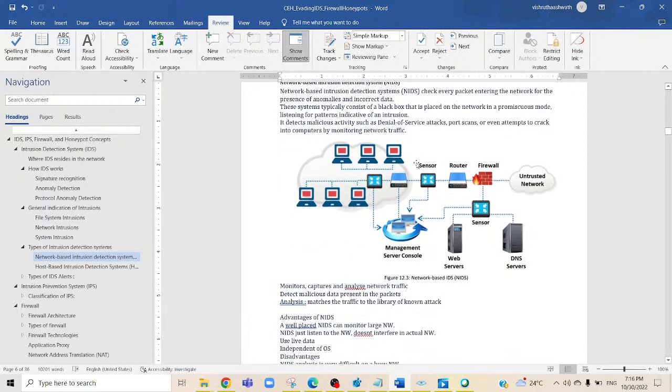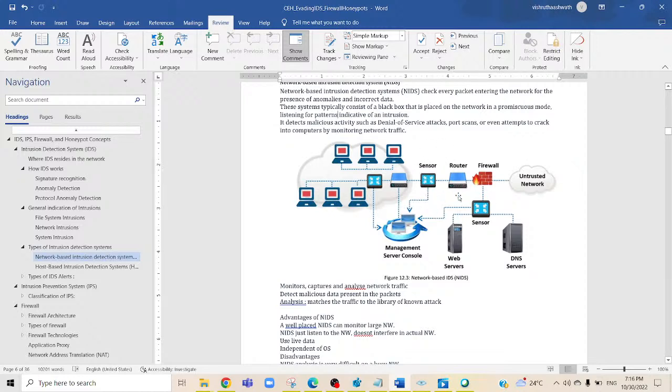As you can see in the diagram, just behind the firewall and behind the router we have a sensor, and also near the firewall we have one sensor. We can consider these sensors as network intrusion detection systems.